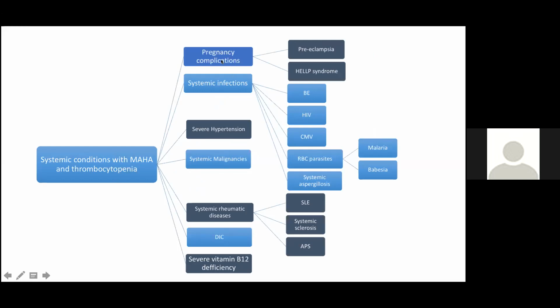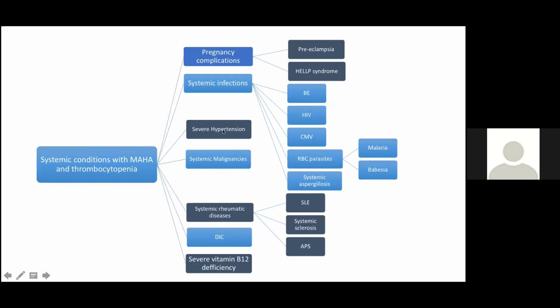Pregnancy complications like pregnancy-induced hypertension causing preeclampsia, and HELLP syndrome. Systemic infections like HIV, bacterial endocarditis, cytomegalovirus, malaria, all these infections can cause microangiopathy and thrombosis.